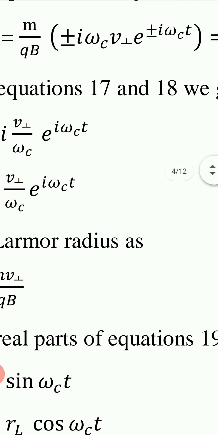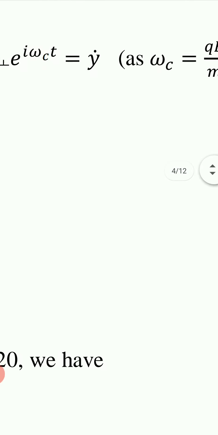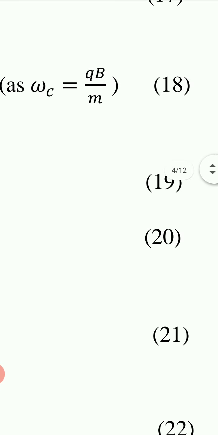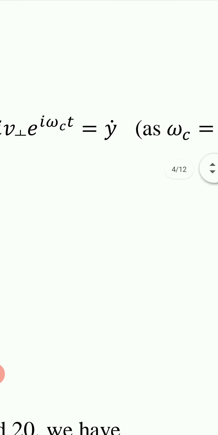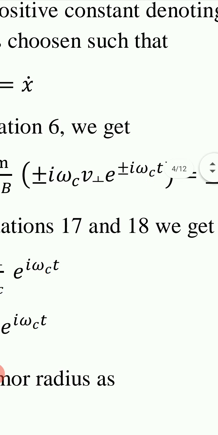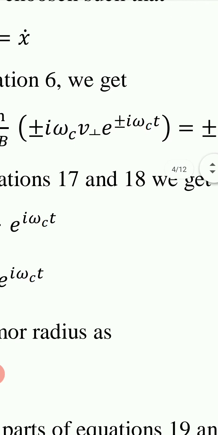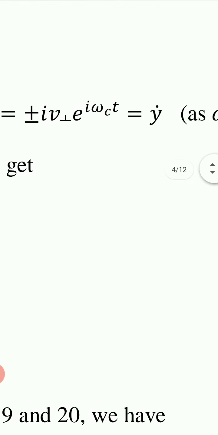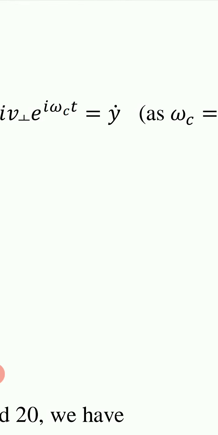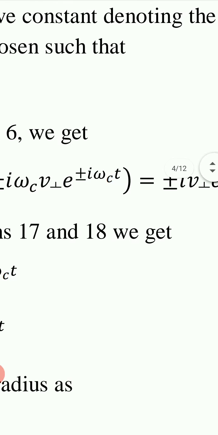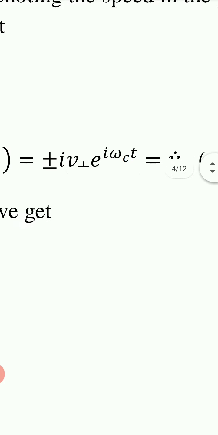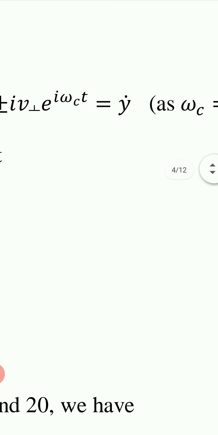Integrating equations 17 and 18, we get x and y. 17 and 18 are equations for x dot and y dot, that is for dx upon dt and dy upon dt. If we integrate these two equations for x dot and y dot, we get x and y.